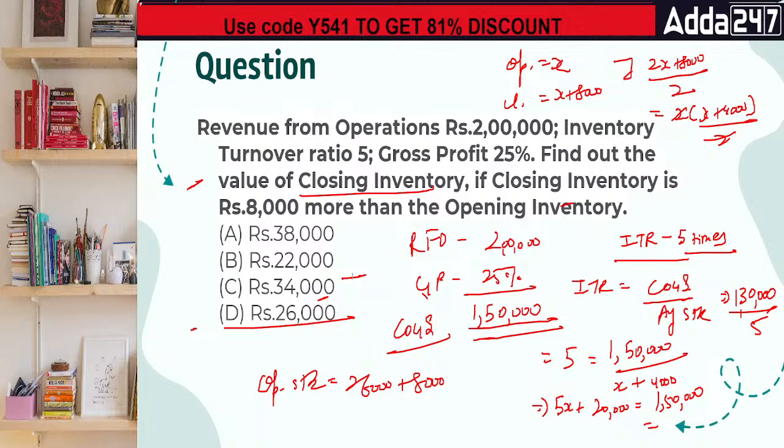This can be converted into a case study where they can put you through the situation that what is the value of opening stock, what is the value of closing stock, and see they are giving both the points in the question itself. Done.